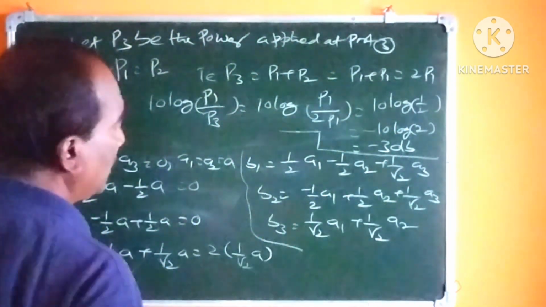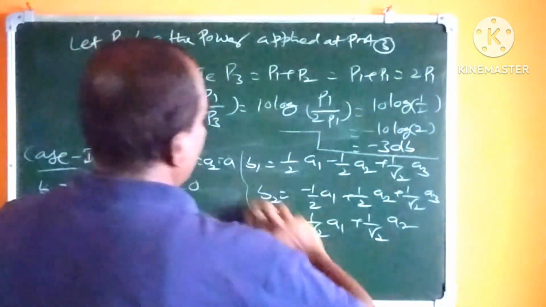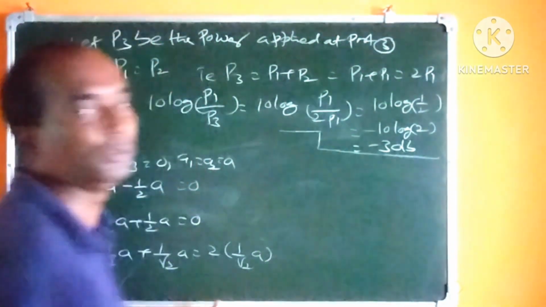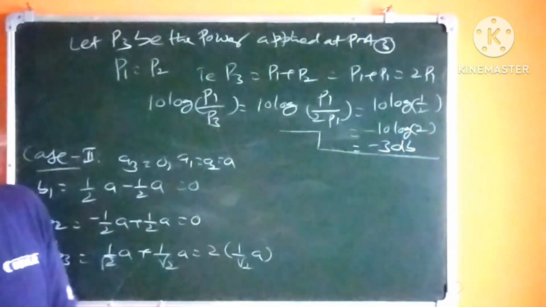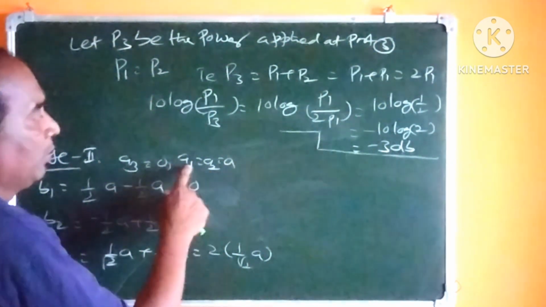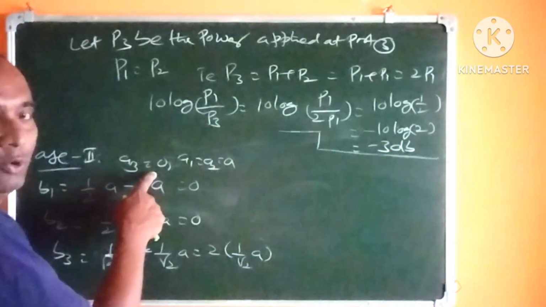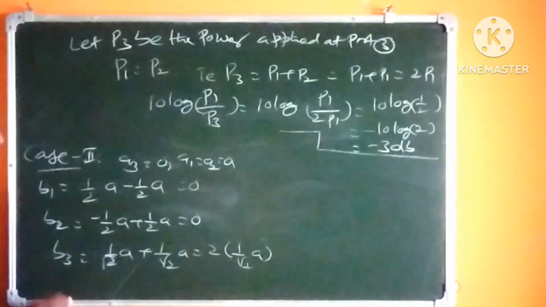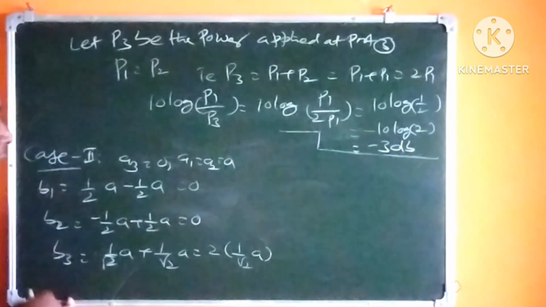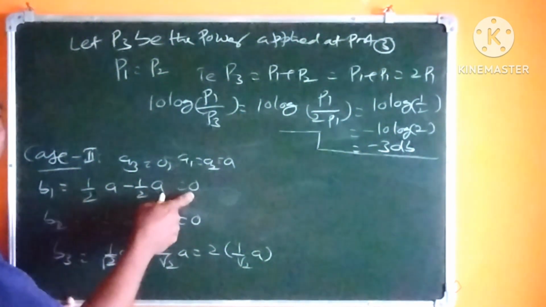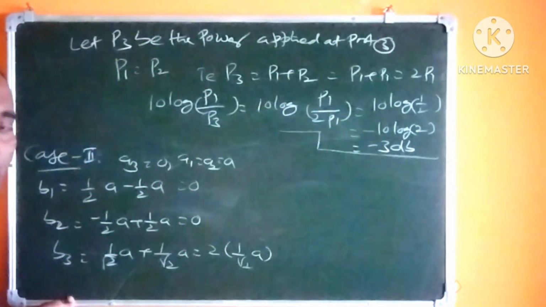So from this we can say that if power is given at port 1 and port 2 with equal magnitude and no power at port 3, we can observe that the power coming out through port 1 and port 2 will be 0.